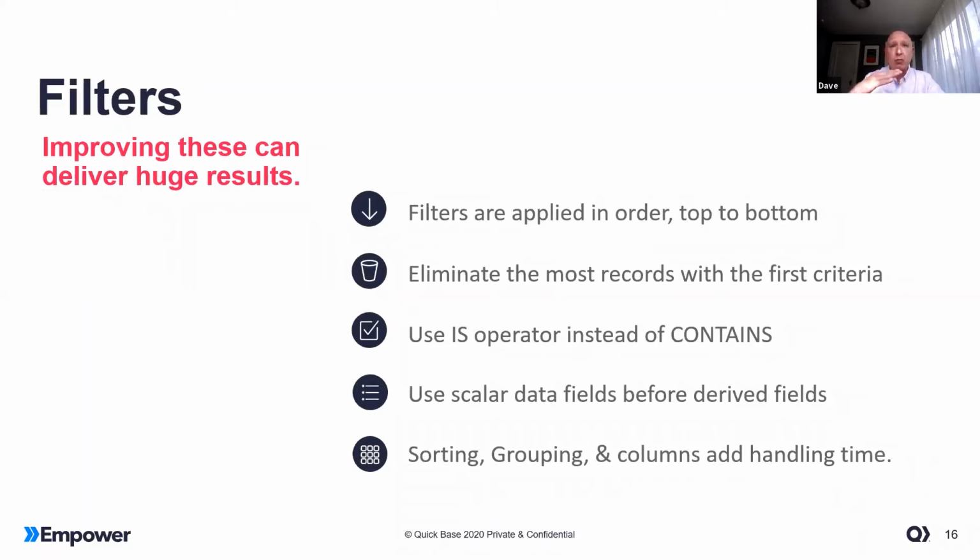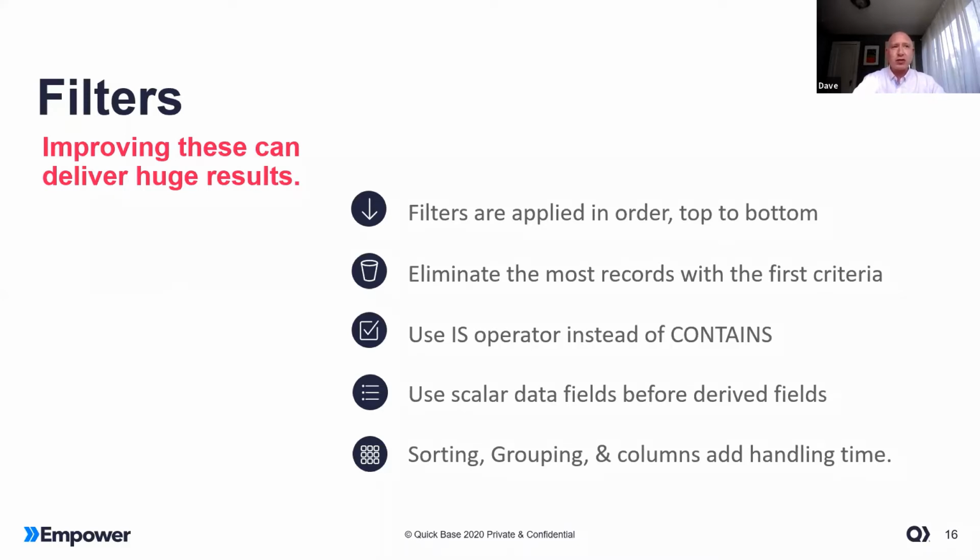A lot of times you'll have more than one filter that you have to apply just to get the right set of data. We apply those filters and start looking from top to bottom. Once we find the records in the first filter, we'll go down and further narrow it down with each subsequent filter. So your first filters should eliminate the most records possible for consideration.